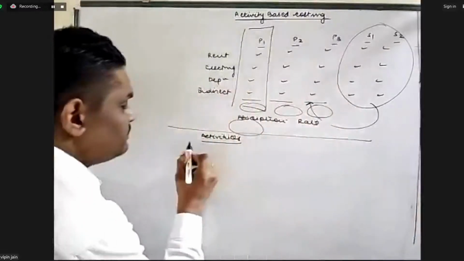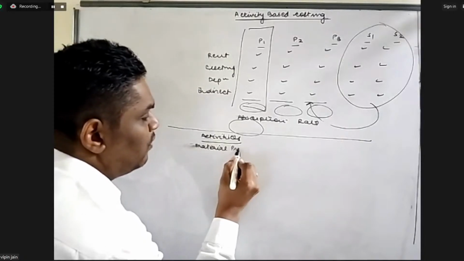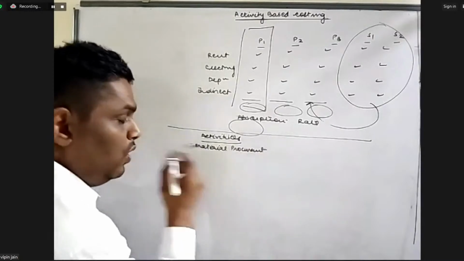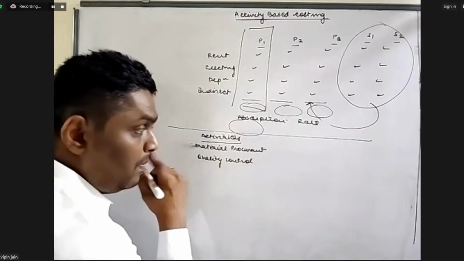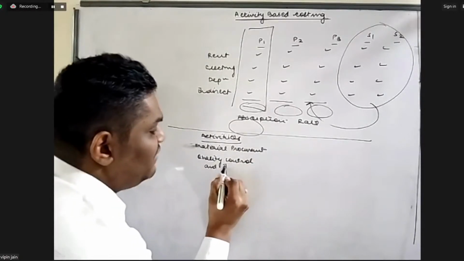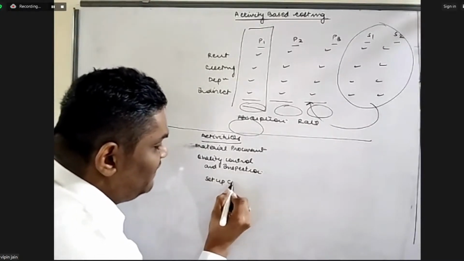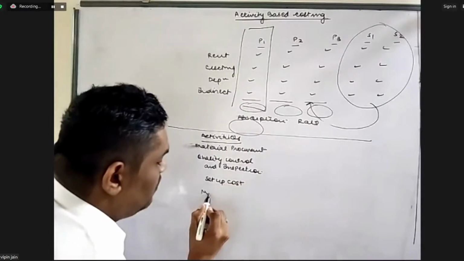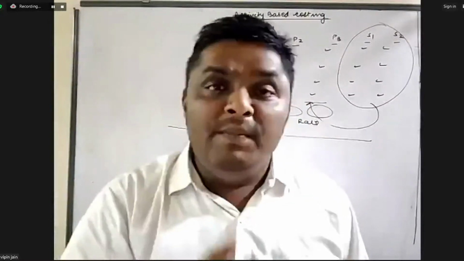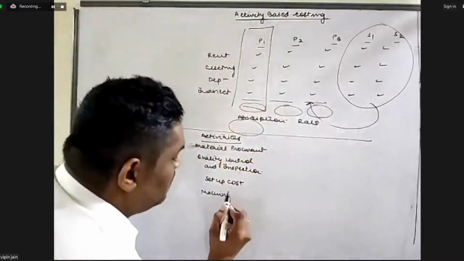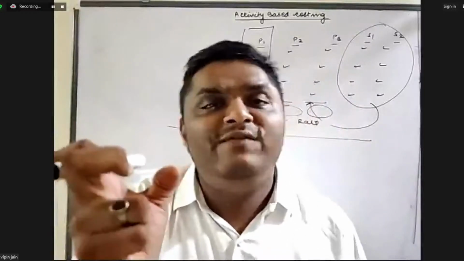The activities can be material procurement, quality control and inspection, setup cost, and further, machining cost can be an activity. So activity-based costing says first identify the activity.